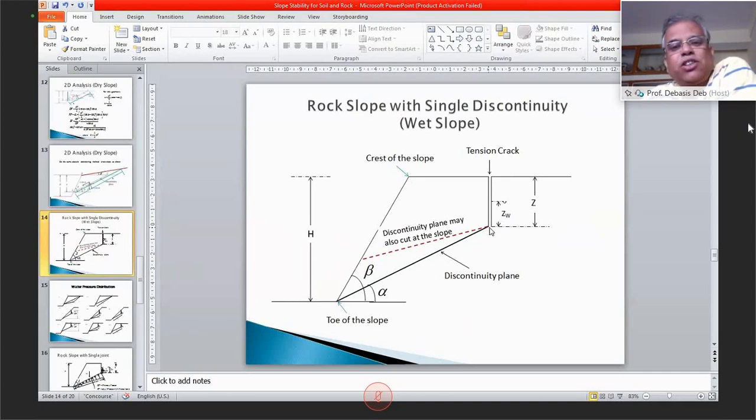Have you seen a slope, benches and all this stuff? Have you noticed some tension crack? Have you ever seen a tension crack or not?